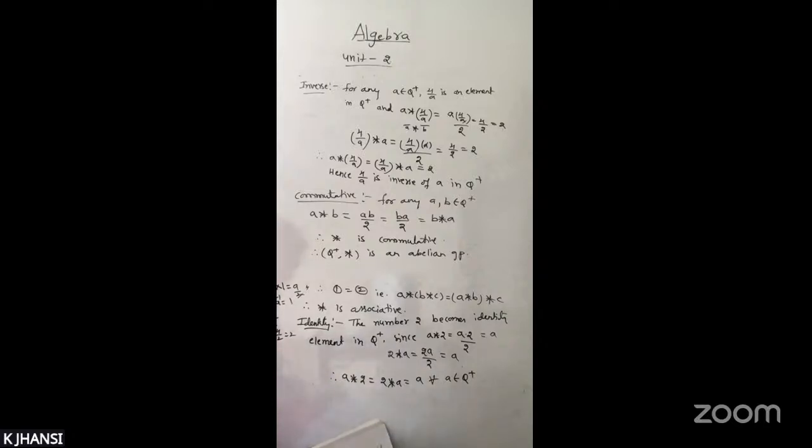Next one is a small one, and sometimes it may be asked as a 10 marks question also: every cyclic group is abelian, but the converse need not be true. This is also very important.